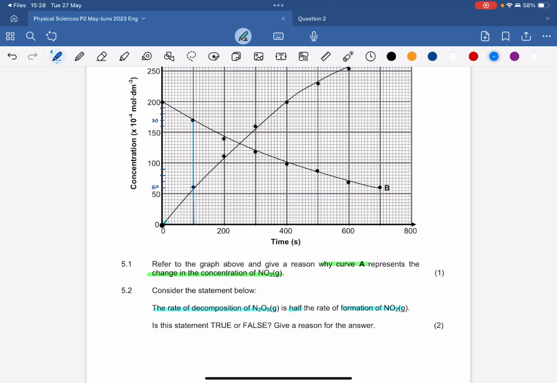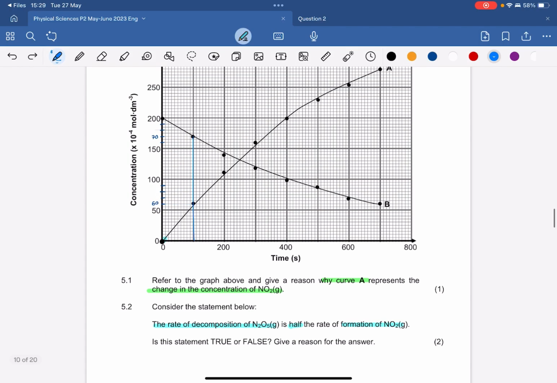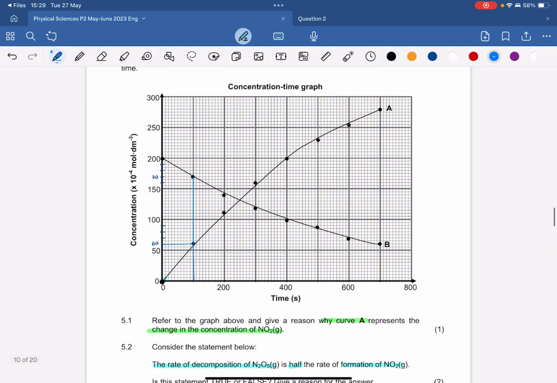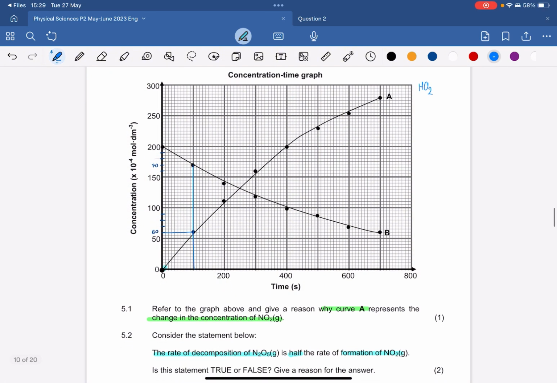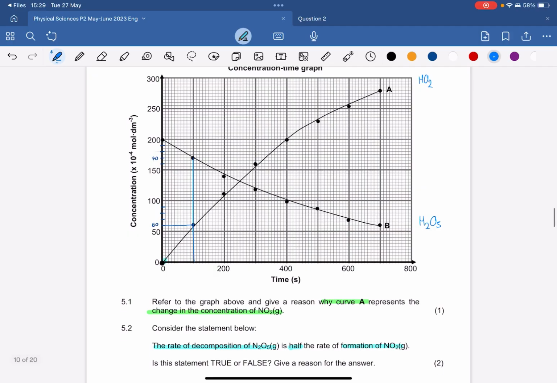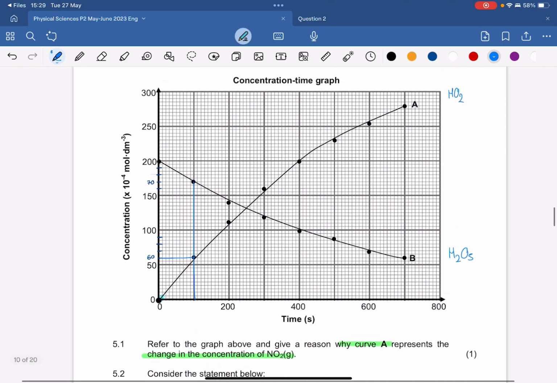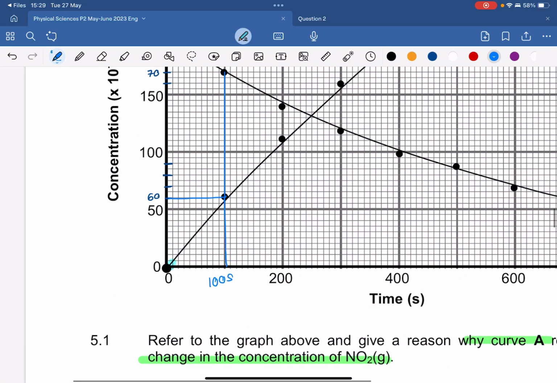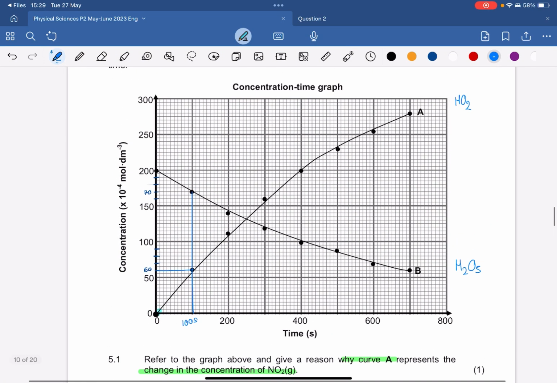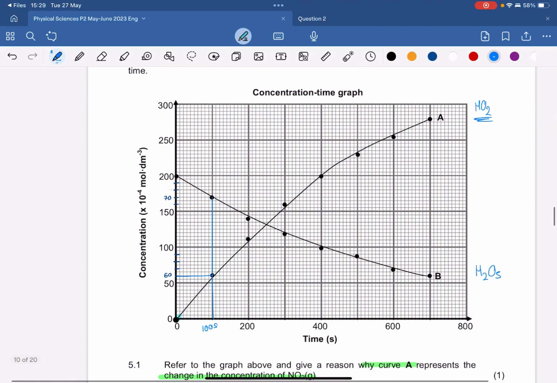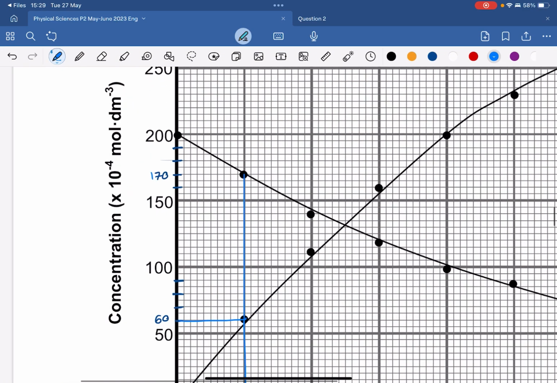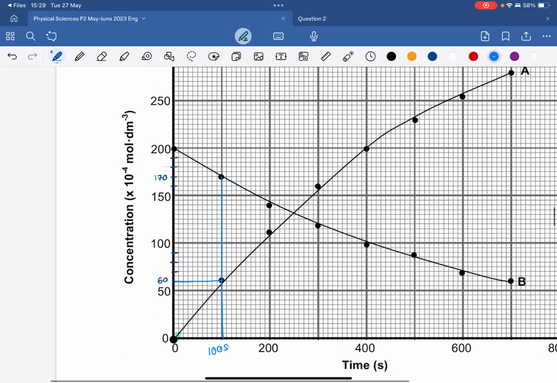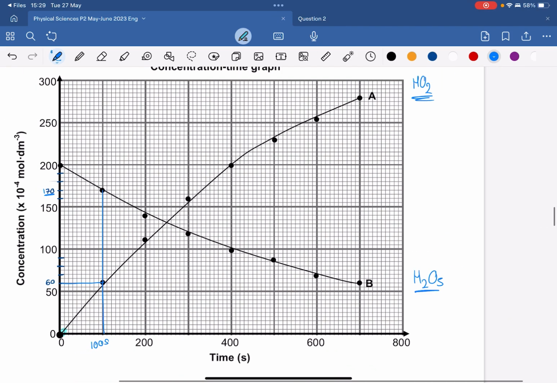After 100 seconds, remember graph A represents the NO2 and graph B is N2O5. For graph A, after 100 seconds, I've got around about 60 moles per decimeter cubed of NO2. And after 100 seconds, I'm down to about 170 moles per decimeter cubed of N2O5.